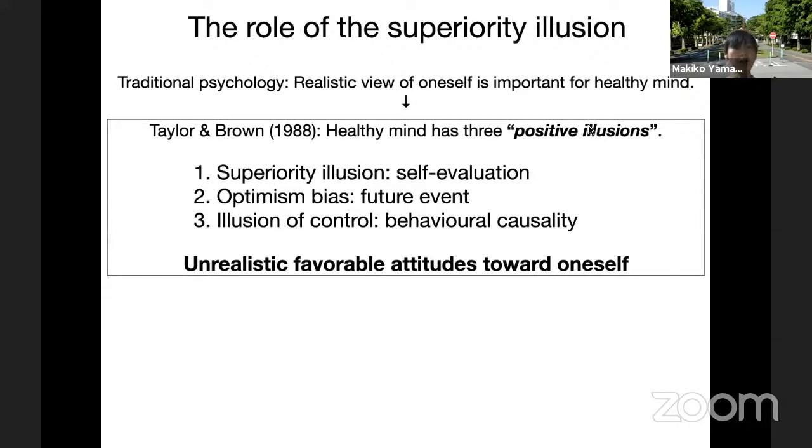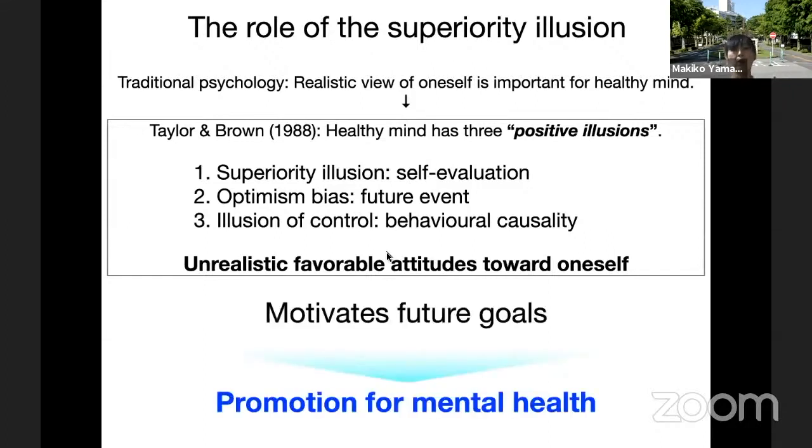However, in 1988, Taylor and Brown revealed that a healthy mind has three positive illusions, which include superiority illusion regarding self-evaluation, optimism bias regarding future events, and illusion of control regarding behavioral causality. These commonly show our unrealistic favorable attitude toward ourselves. Although this is illusion and unrealistic, it's been shown that it motivates our future goals and promotes mental health.